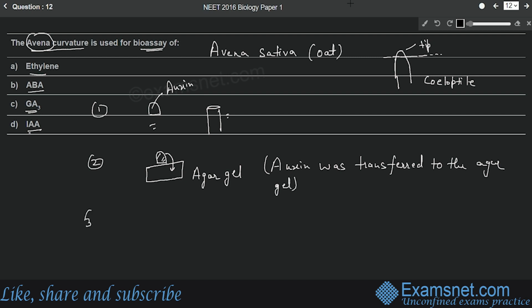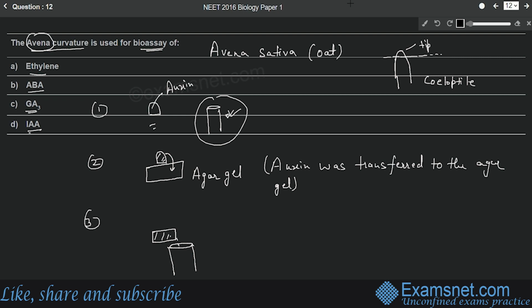Now in the next step, what happened? This agar gel was kept on the remaining part of the coleoptile, this part, but only on one side of this part. Okay, so suppose this is the remaining part. So this gel was kept on only one side, not on the other side, and this gel consisted of the auxin.